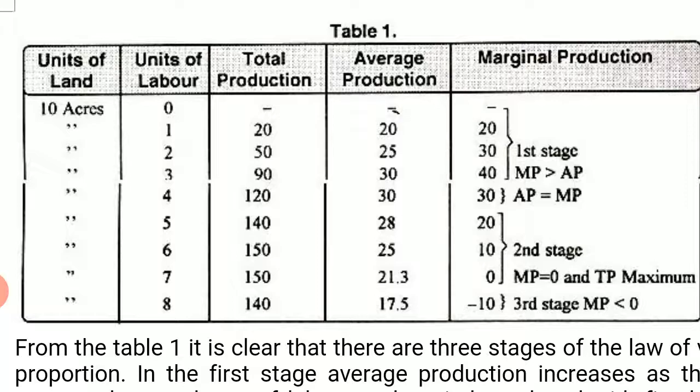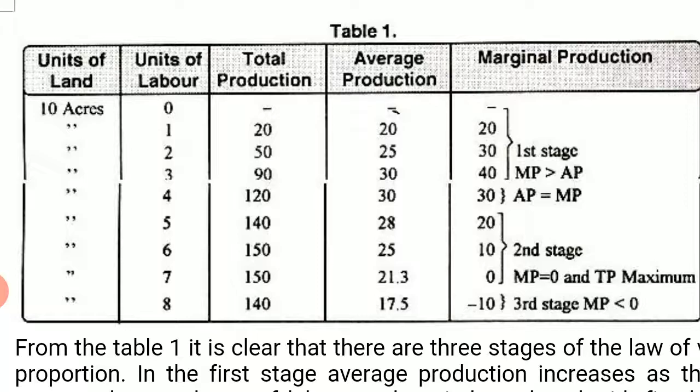Now look at the marginal production, and the formula to find marginal production is total production n minus total production n minus 1. Like here, the unit of labor is 0, total production is 0, average production is 0 and marginal production is also 0. But when the unit of labor is 1, 2, 3, total production is 20, 50, 90. Now the marginal production is 50 minus 20.